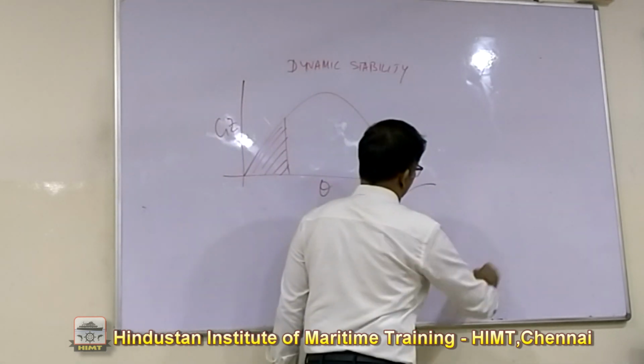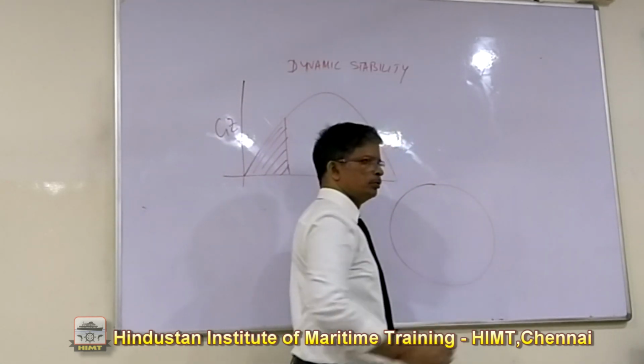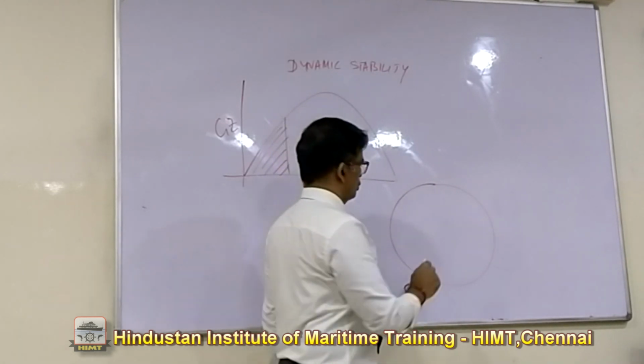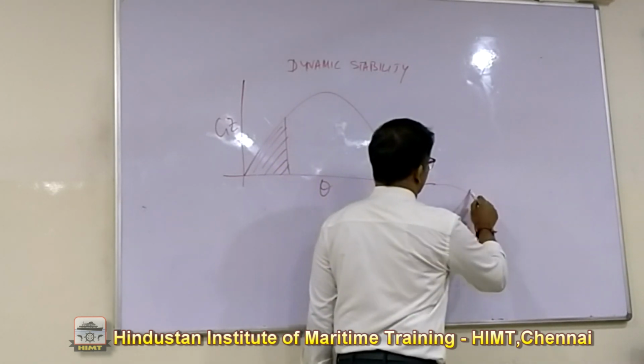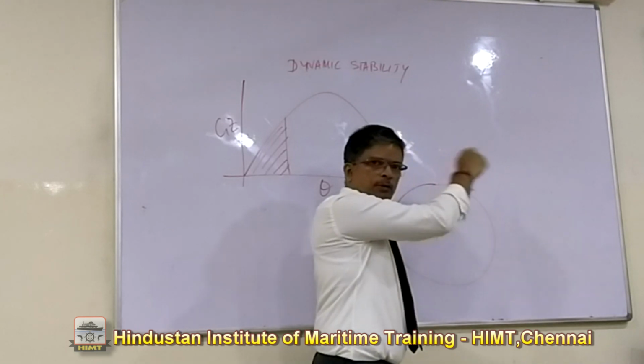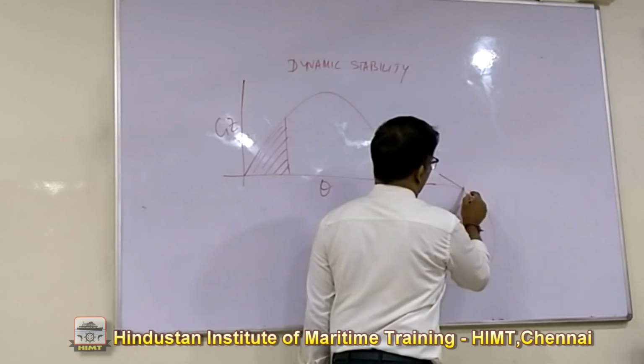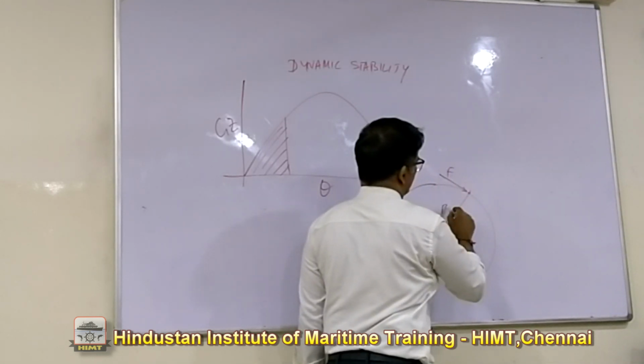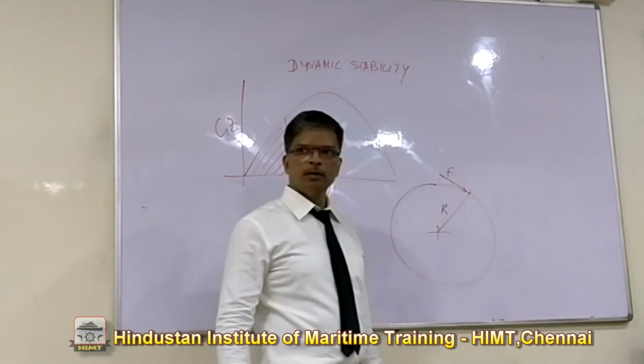When something rotates, omega. How much work is done? It is based on this principle. I'm turning something like this, with omega. So I apply a force here at a radius r, right?